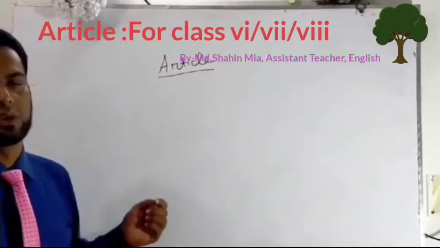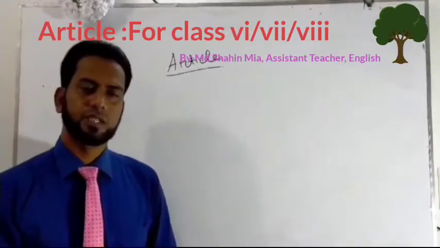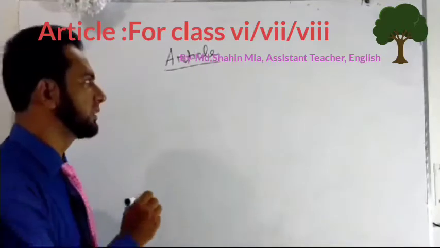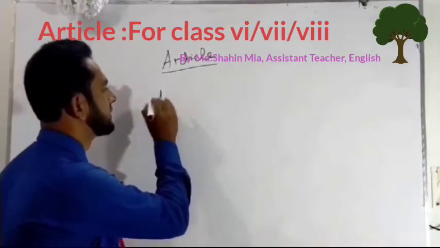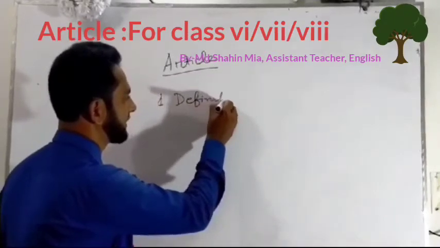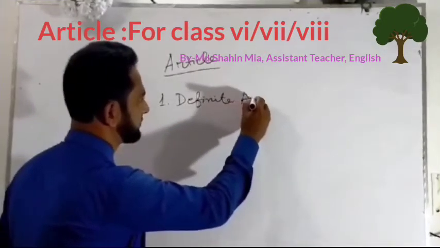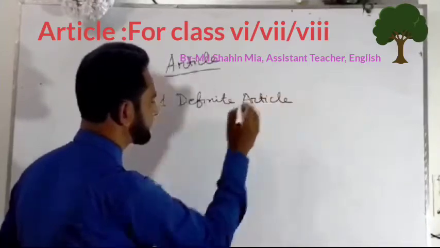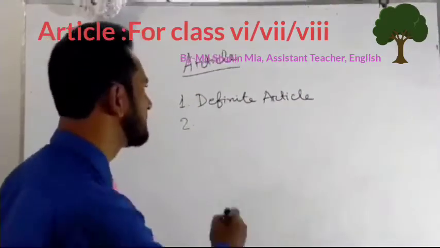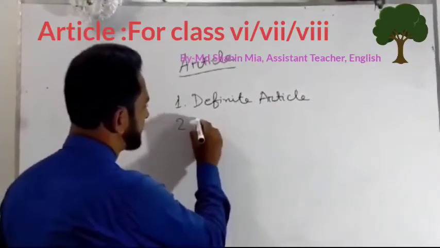Dear learners, look at the board. There are two kinds of articles. They are number one, definite article. Number two, indefinite article.